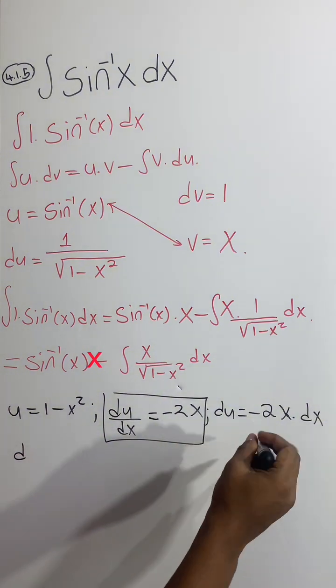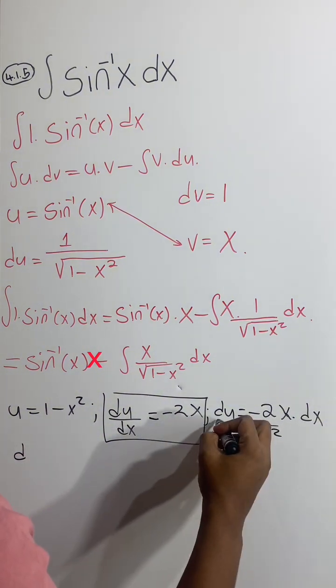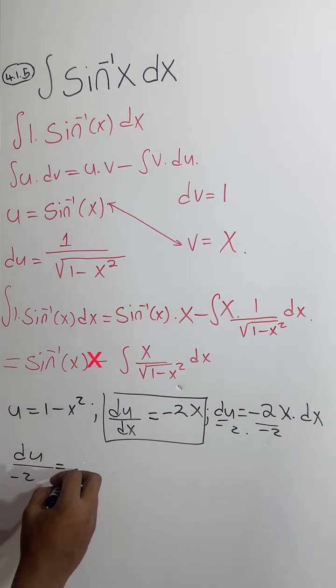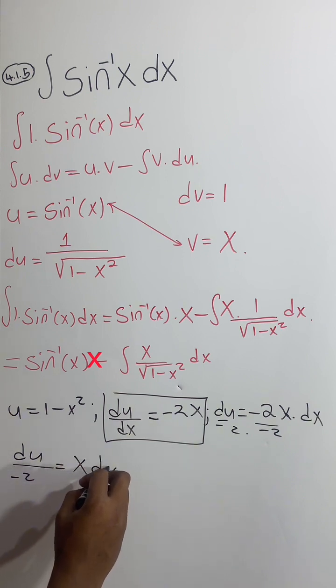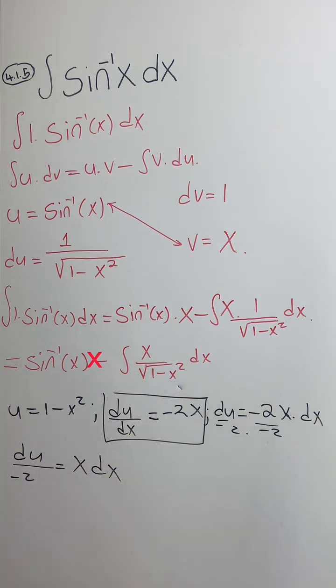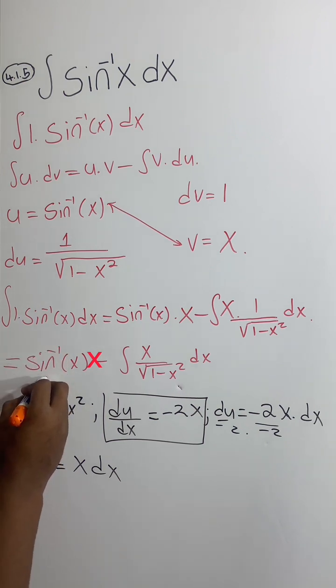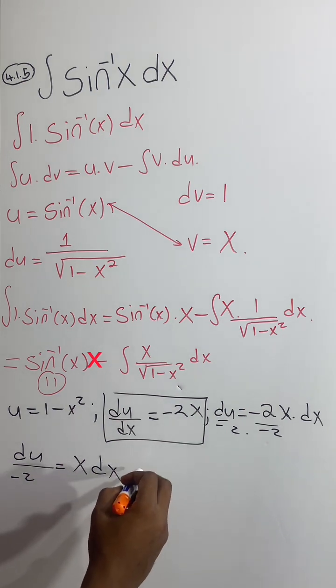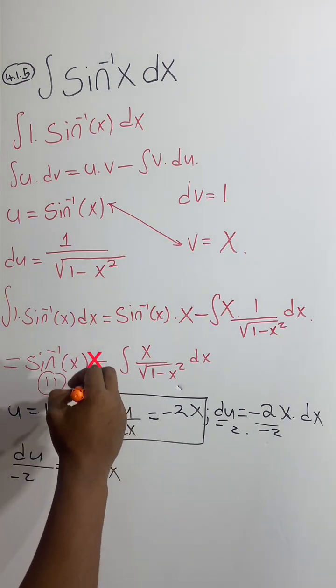So we divide both sides by negative 2. So du over negative 2 will be equal to x dx. So we already figured out that part, so we are left with that part. So let's carry out that part without this negative.